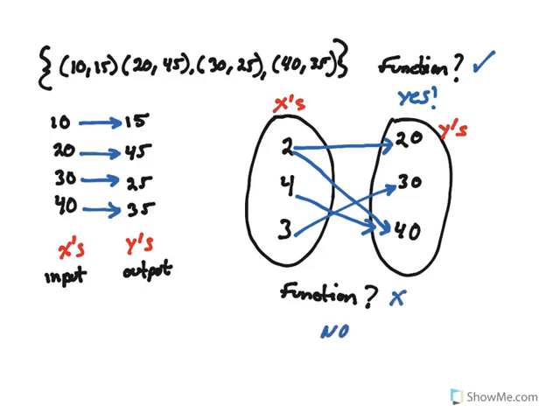It's going to be a big no, just on that one fact alone. 4 is yielding 40 and 3 is 30, that's okay, but this x value 2 is producing 2 outputs, 20 and 40, and that can't happen in a function. If I plug 2 into an equation and the answer is 20, then I should get 20, not 40, or not both of them. It's got to be one or the other. So that fails as a function.